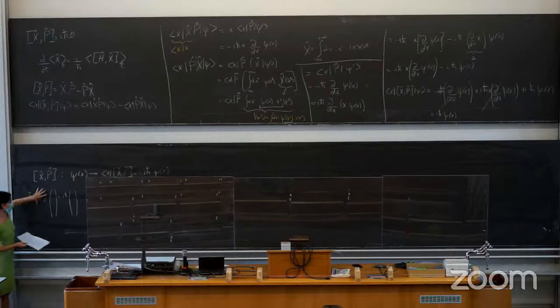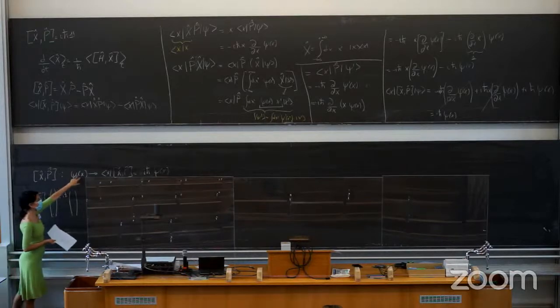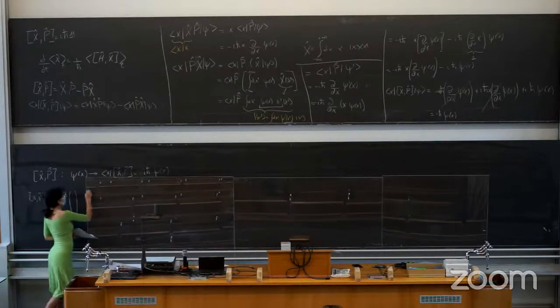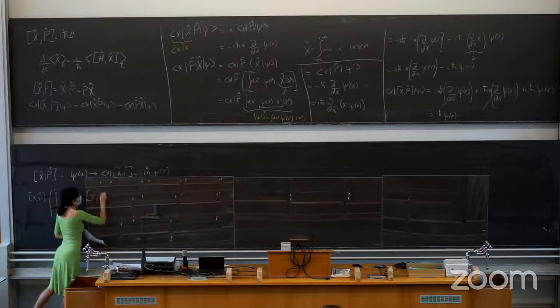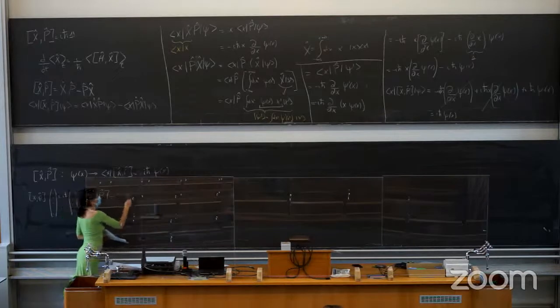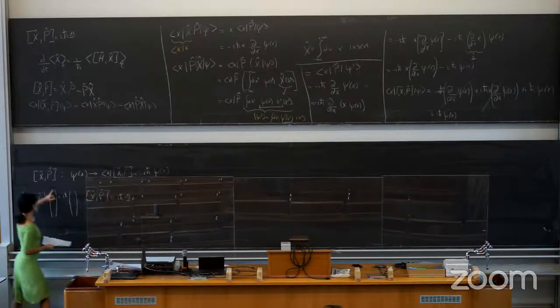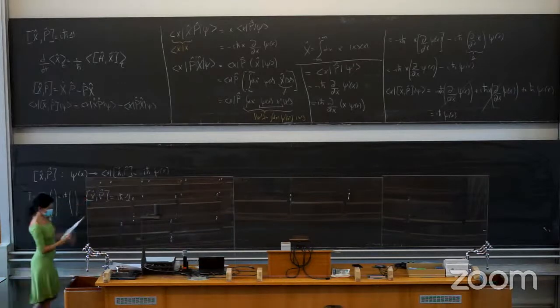You could have done exactly the same for the momentum wave. So this is just the identity, and then it just adds this. Okay? Because if it works for all the elements in the basis, then it's that.